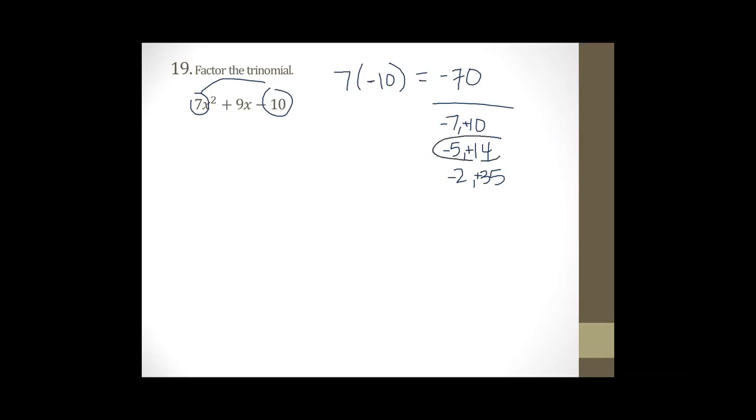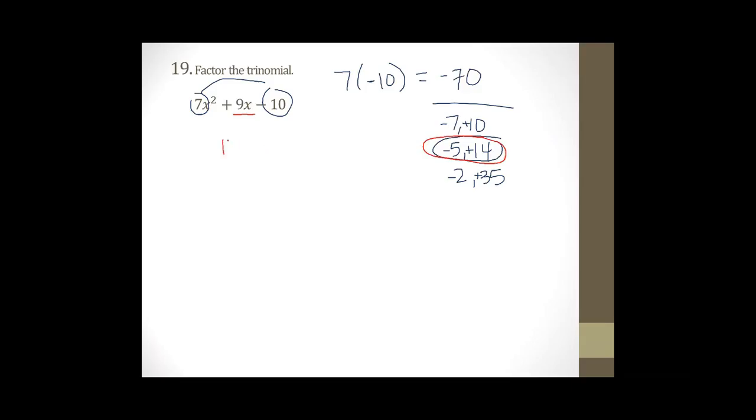Awesome, perfect. So I'm going to use grouping to factor this. So I'm going to rewrite 9x. Let me get a different pen color. Okay, so I'm going to write 9x using my negative 5 and 14. It doesn't really matter how we set up.